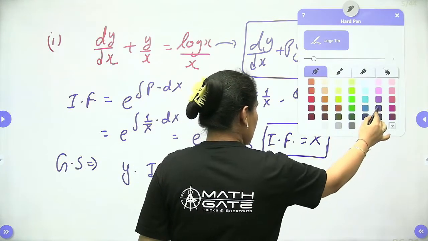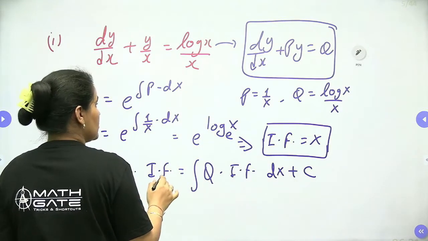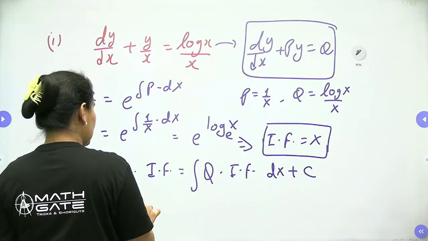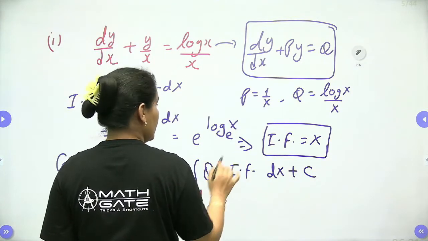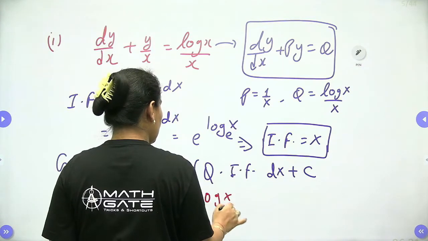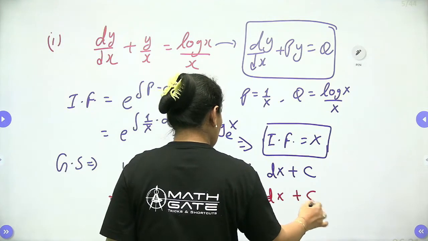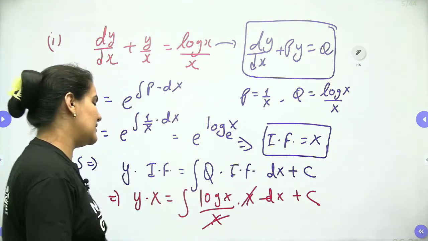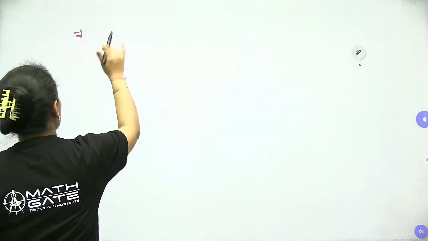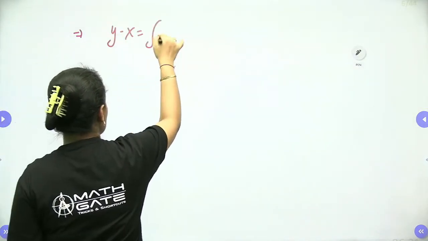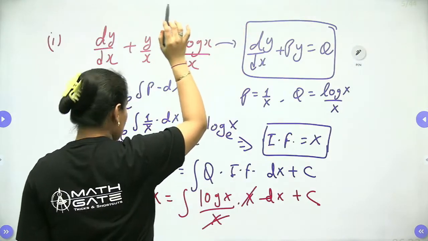So y will be as it is, the integrating factor is x, the value of q is log x by x, multiplied with the integrating factor x, into dx plus c. x and x can be cancelled out. So we only have to find y into x is equal to the integration of log x dx plus c.